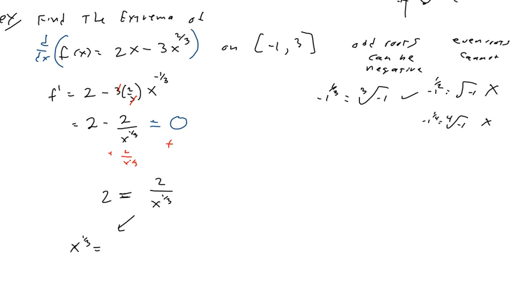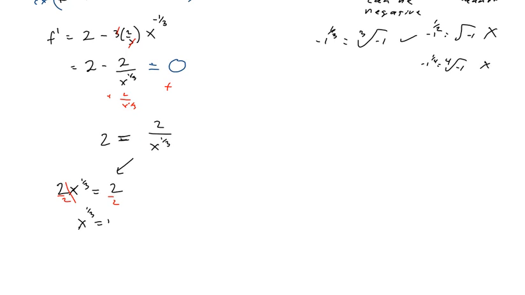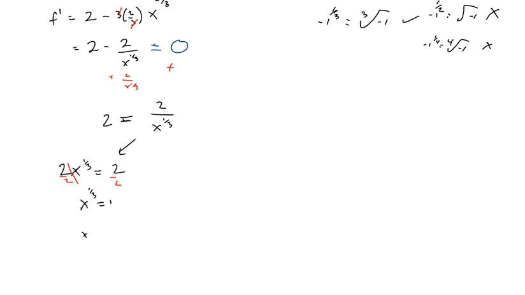So I'm going to get really x to the 1/3 equals 1, which is just x equals 1. If I cube both sides, right? How do I cancel the cube root? Cube both sides. Power of 3 on both sides. That's how I get rid of my fraction here. 1 cubed is 1 though, so that's fine. So that's one thing I'm allowed to do if I were to multiply x to the 1/3 on both sides. That's one option.